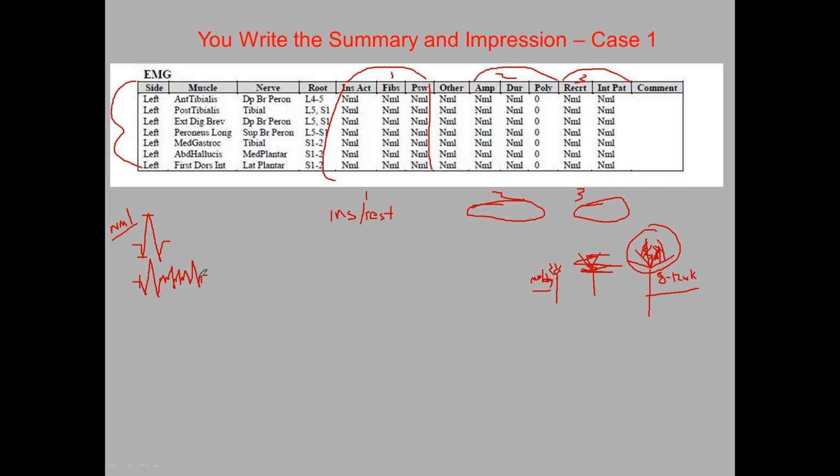They're going to be long in duration, highly polyphasic, and fairly normal in amplitude. But with time, as these collateral sprouts become more myelinated, the synchrony of firing is going to be more synchronous with the original motor unit. And when that happens, these phases will begin to go away.